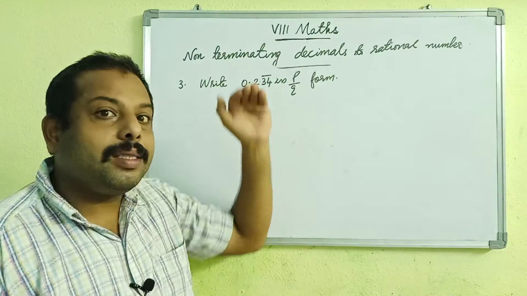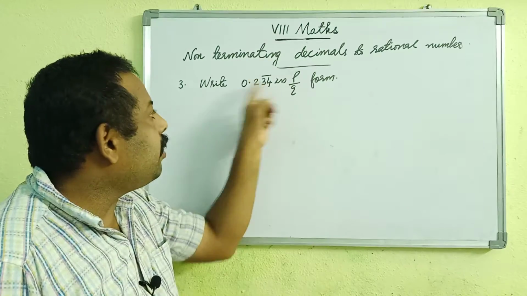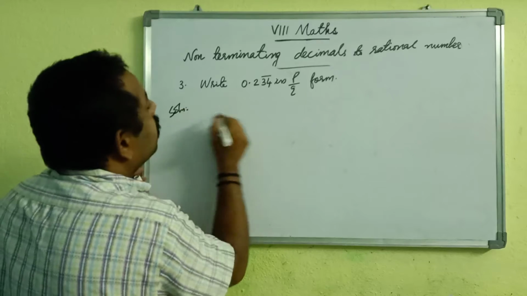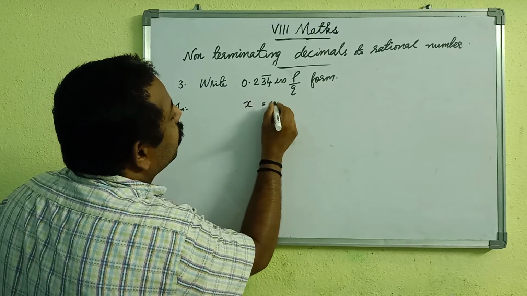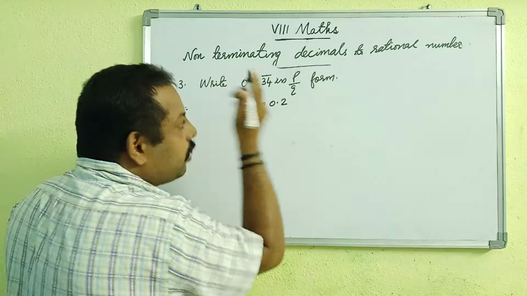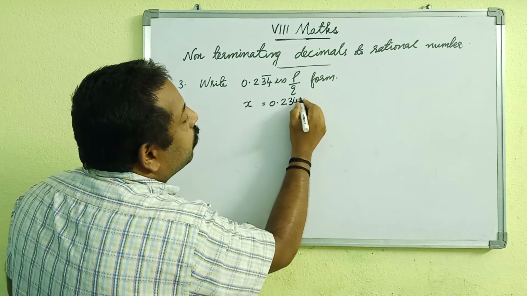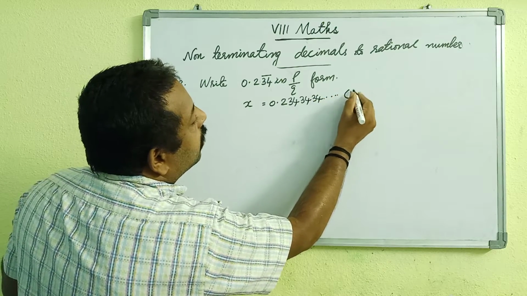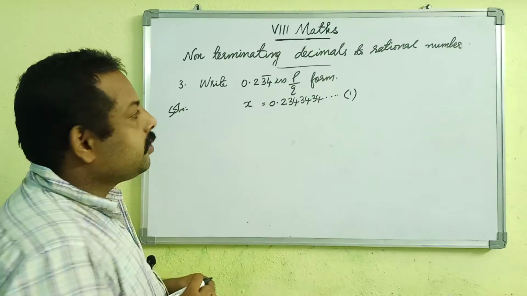In 0.234 bar, the bar is just above the numbers 3 and 4. So we can write x is equal to 0.2. Check, 3 and 4, only 3 and 4 are repeated. So we write 3, 4, 3, 4, 3, 4, and we will call this the first equation.